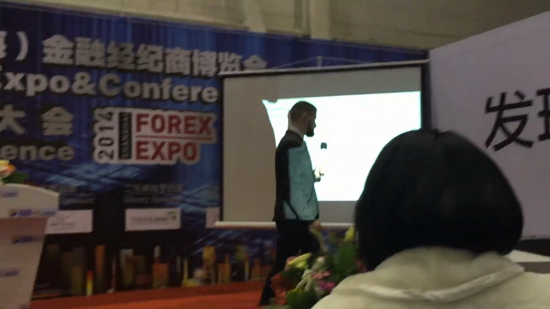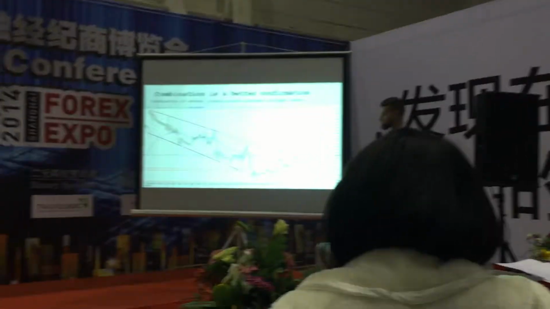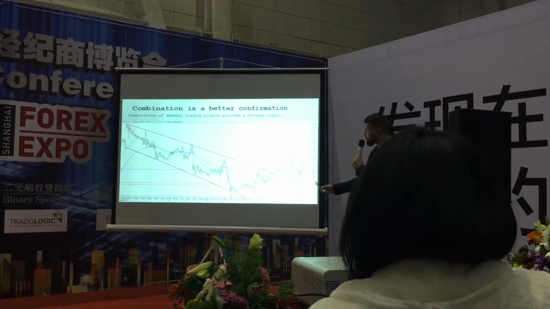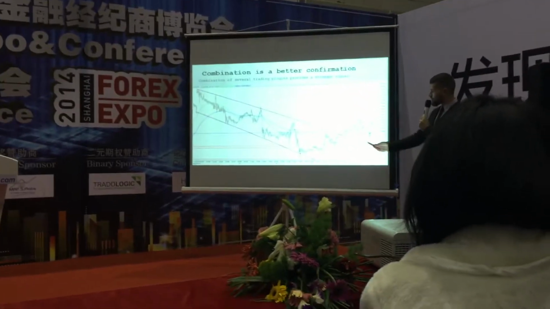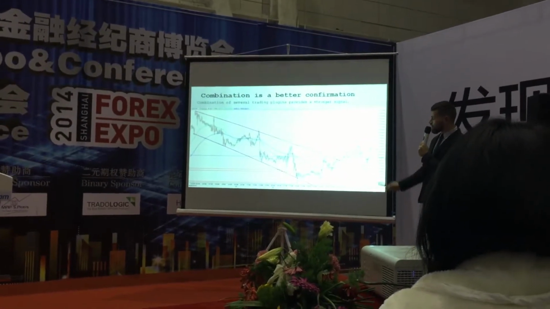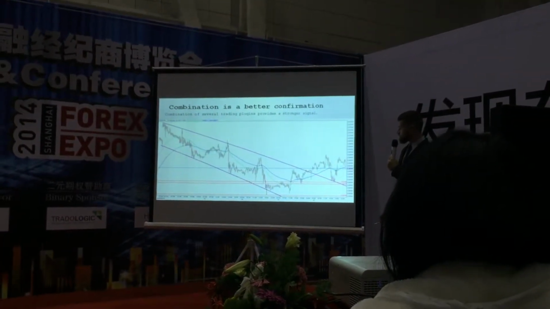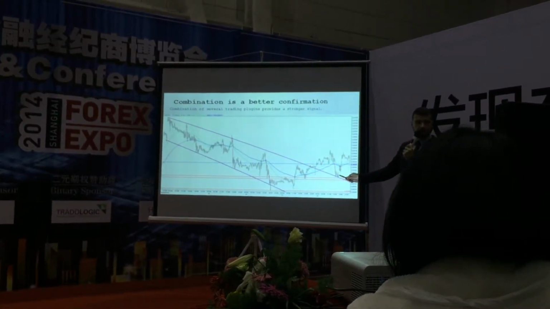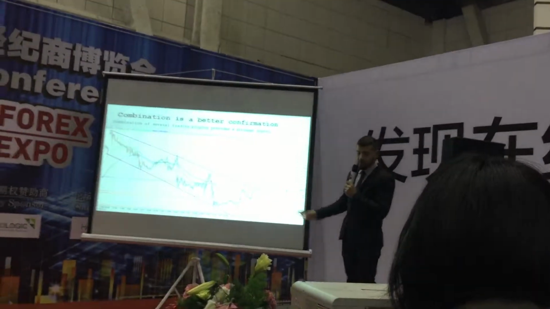I talk about this area, where a horizontal line meets a trend line from a channel. So you get 2 support levels at one time. That's why it works perfectly.